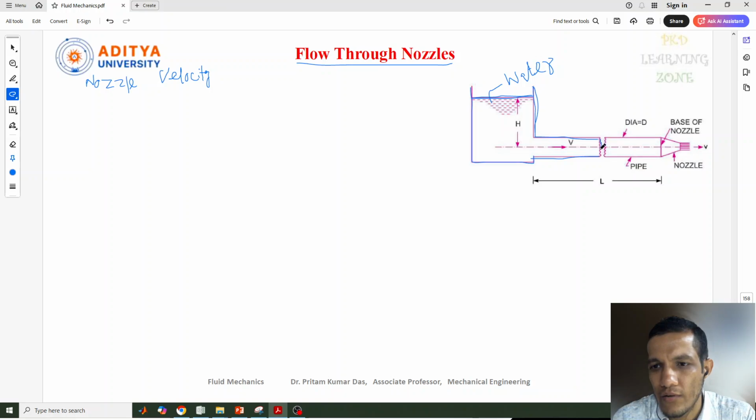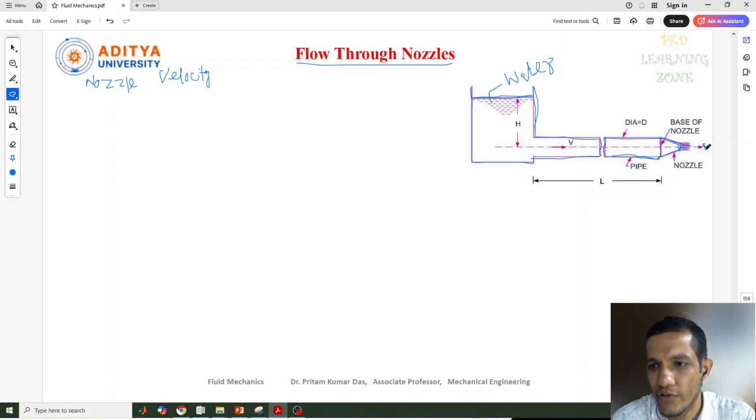This is the symbol for a very long pipe, so there is a cut section. At the end of the pipe a nozzle is fitted. This is the base of the nozzle, this is the tip of the nozzle, and this is the converging part, from where the fluid comes out with a velocity.